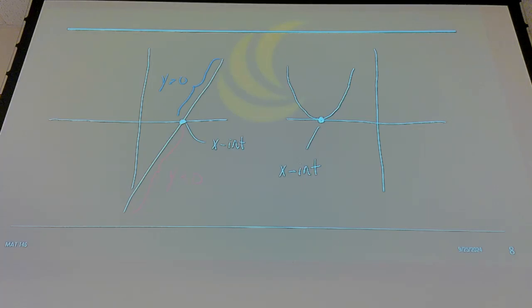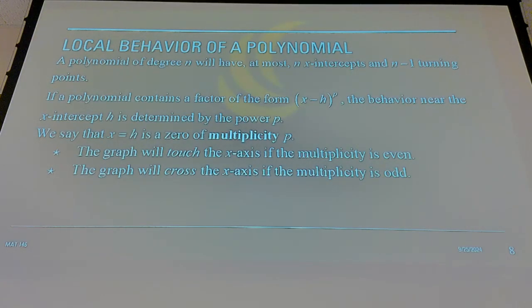Zeros are x-intercepts. It's where the function equals 0. Okay, that's nice. It actually remembered the animation. Can you think of a possible restriction on the multiplicities?